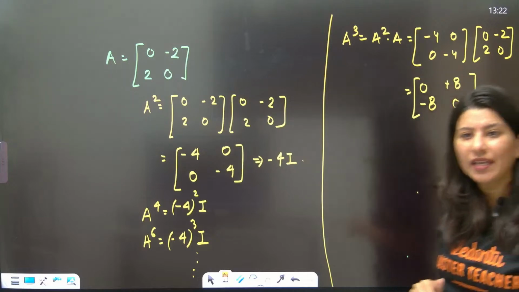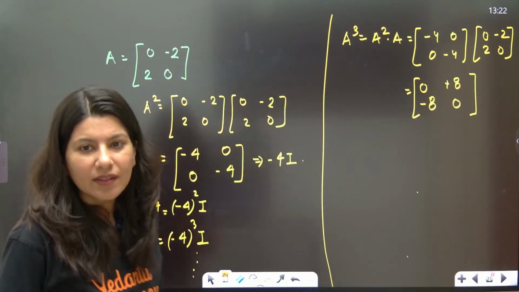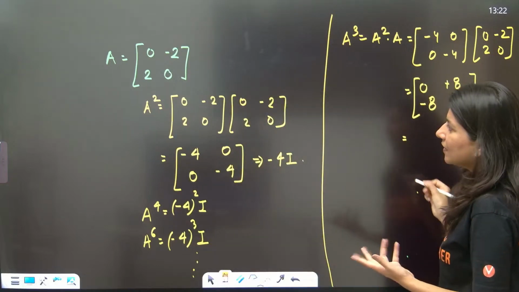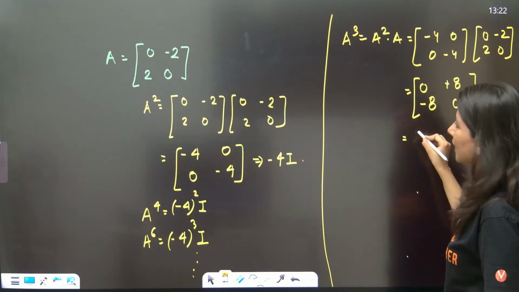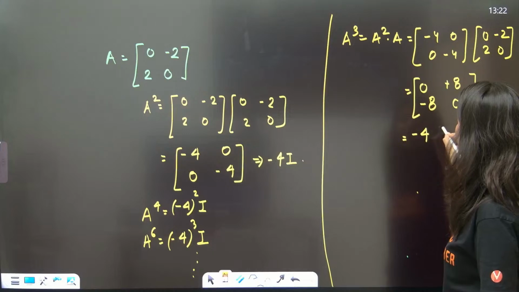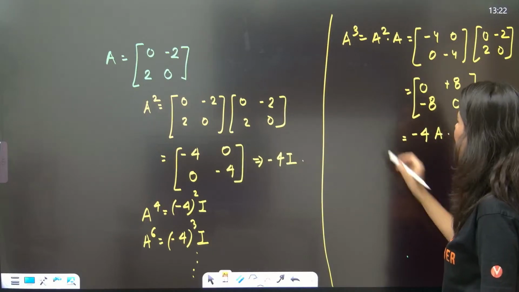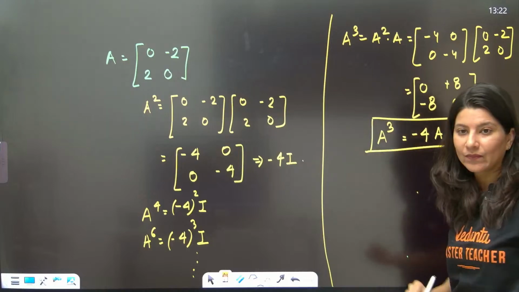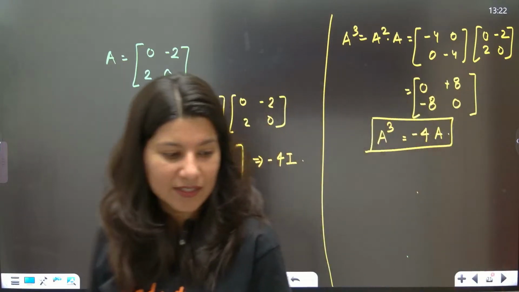If I take minus 4 common, A cube is nothing but minus 4 times A.